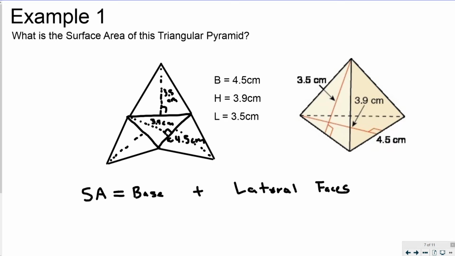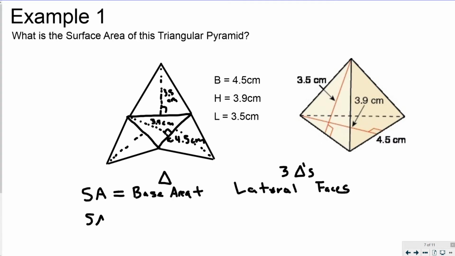The base area, in this case, we need to calculate for a triangle. And for the lateral faces here, we're going to have 3 triangles.